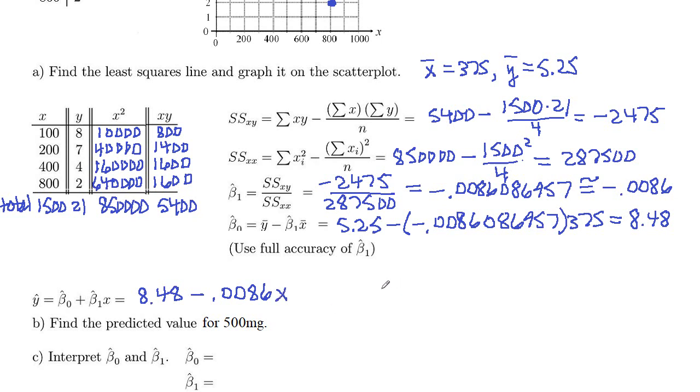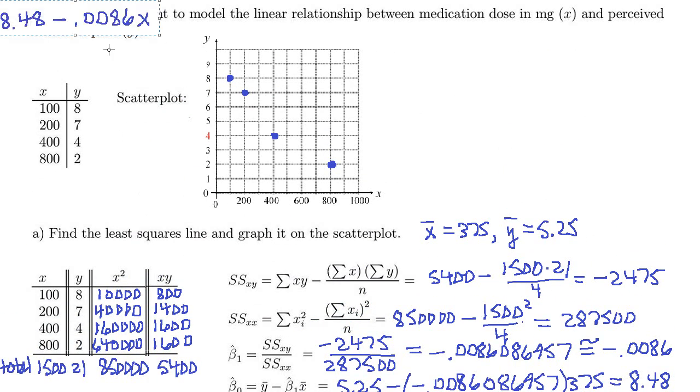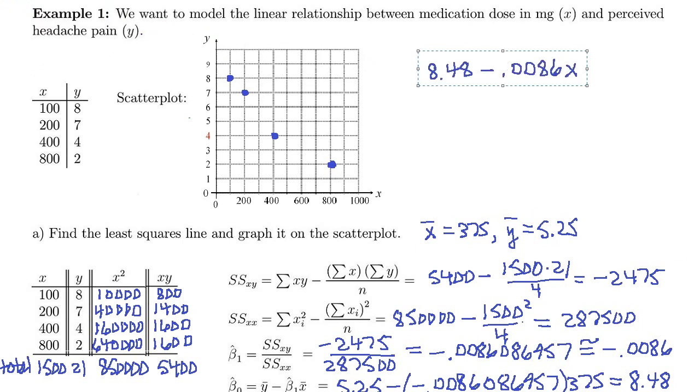And let's go ahead and sketch that on the scatter plot here. So we know that our y-intercept when x is 0 is 8.48. So that is right here. And then we need one more point here.